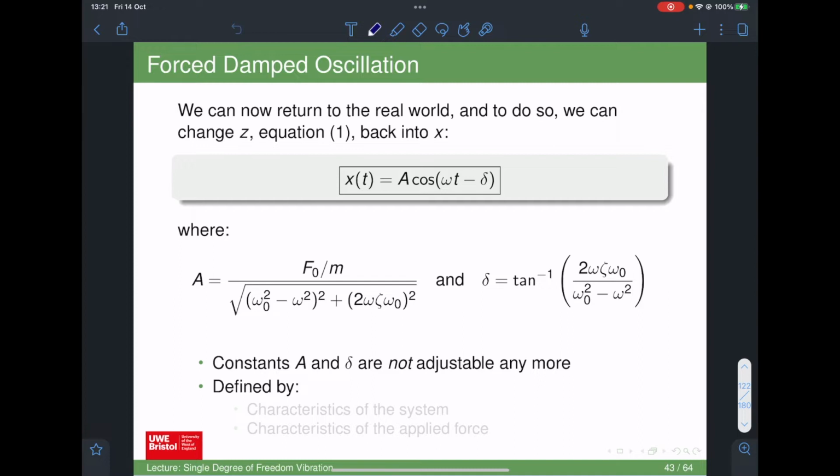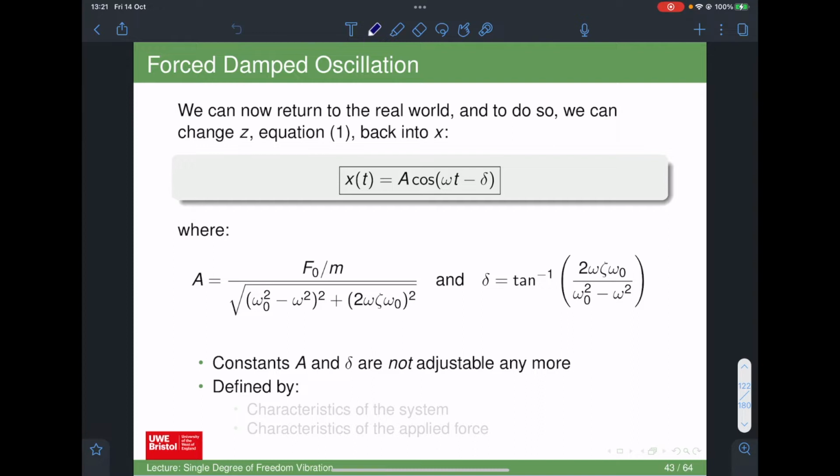This is the steady state solution for a forced damped system. Steady state meaning as time goes off to infinity, we ignore what happens in the beginning with initial conditions. Eventually, this is going to be the form of the motion. And we know that A is going to equal this lot, and δ equals this lot.